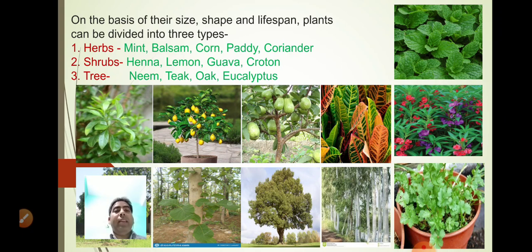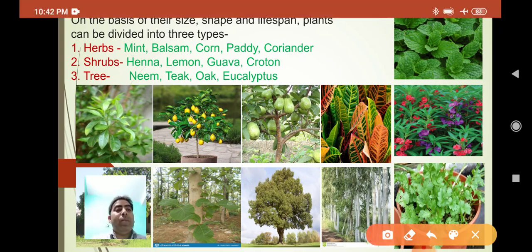Like you can see here, coriander. You have also eaten coriander. Your mother cooks food and mixes the coriander in the vegetables and makes different dishes with it. If you look at the coriander, its stems are very weak, thin and green in color.